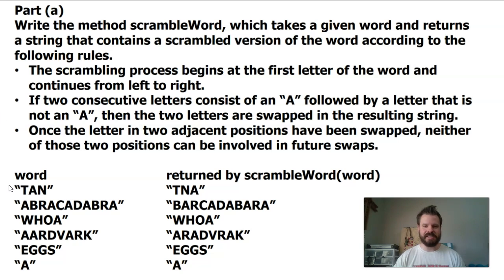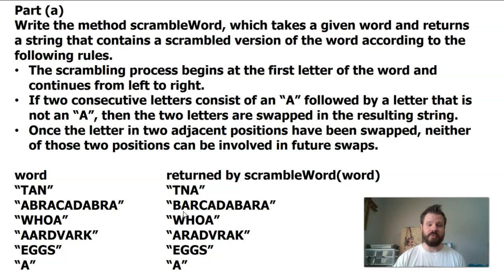Study these examples. Make sure you understand how they work and how they relate to the rules. Again, I had a lot of students writing this method who I don't think really understood what they were being asked to do. In the simple example, we have an A and a not A, so we flip those two letters. Second example, same thing: we start off with an A and a not A, so we flip those.